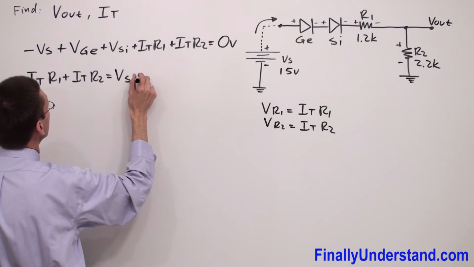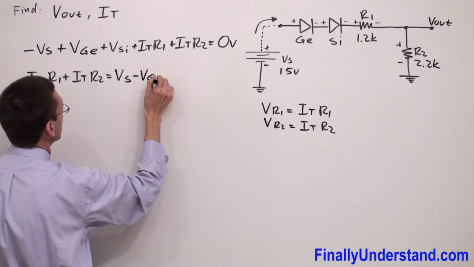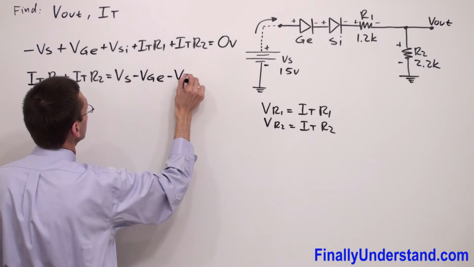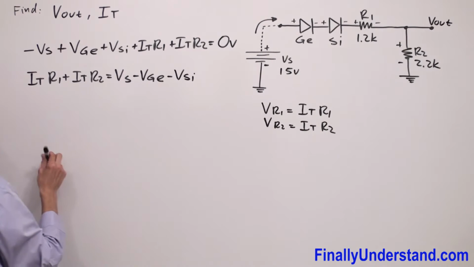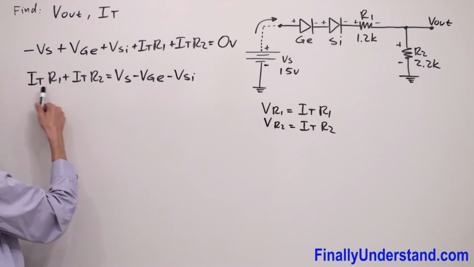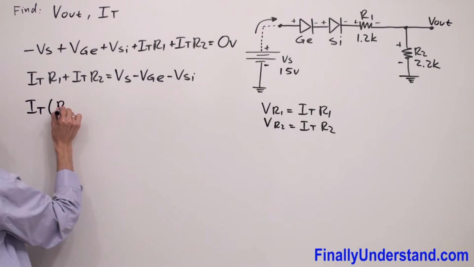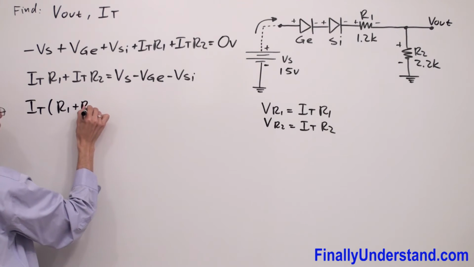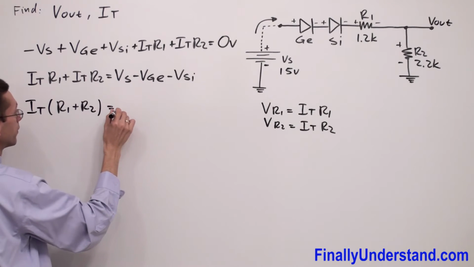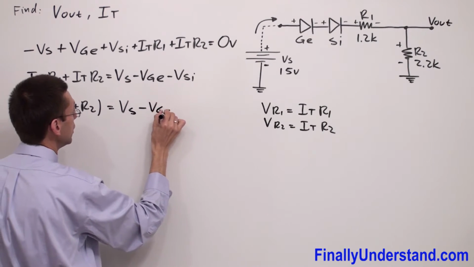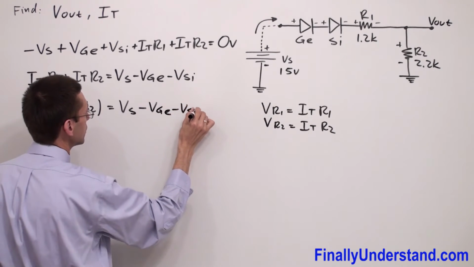So I have negative VGE, negative V silicon. Next, you're supposed to factorize I total, so I have I total, open parenthesis, R1 plus R2, is equal to voltage source minus VGE minus VSI.